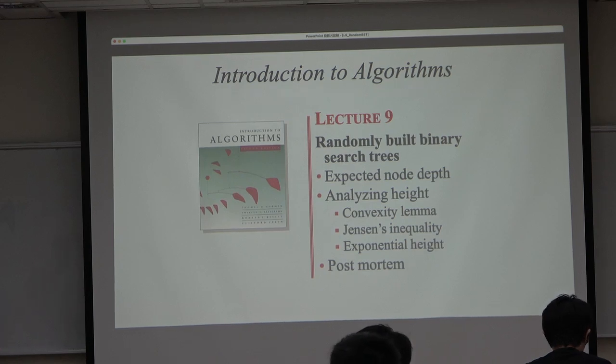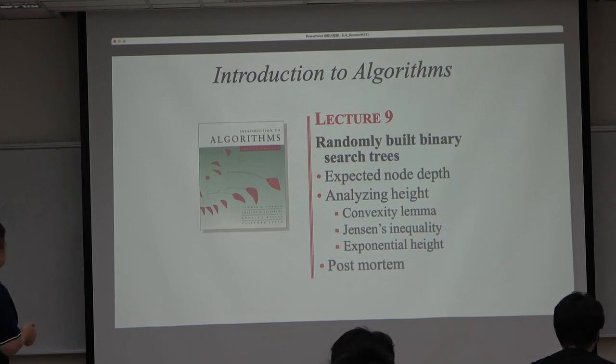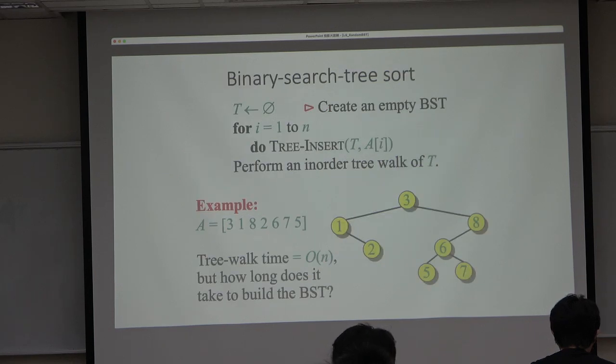Obviously this will be important in an algorithm class, because in algorithm class we need to analyze the algorithm. In a binary search tree, you can use insert to insert each node into the tree.